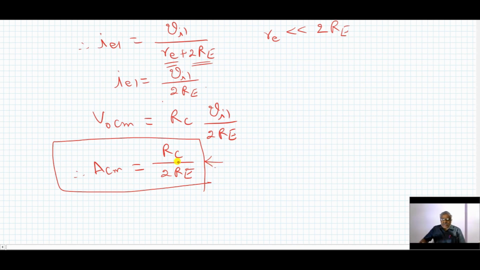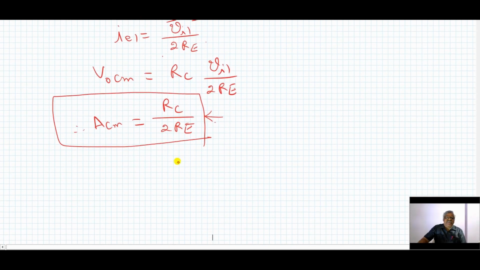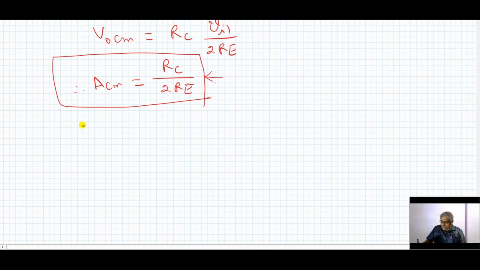Once we get the expressions for common mode gain and differential mode gain, it is very easy to get the expression for common mode rejection ratio, CMRR. CMRR is equal to AD by ACM.